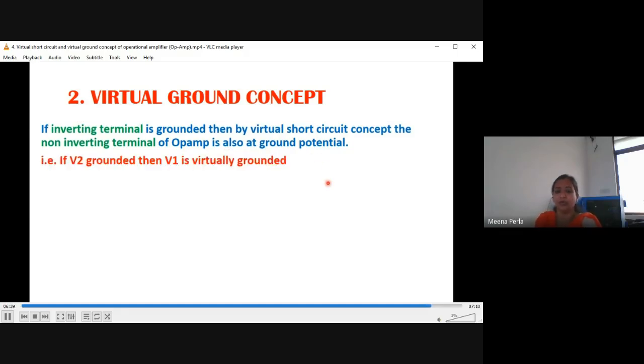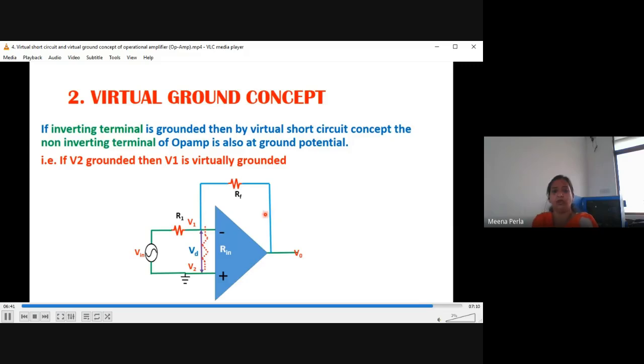Here we are going to take an operational amplifier circuit. Here we have grounded the non-inverting terminal, so the inverting terminal will also be grounded virtually. If V2 is grounded, then V1 is grounded virtually.